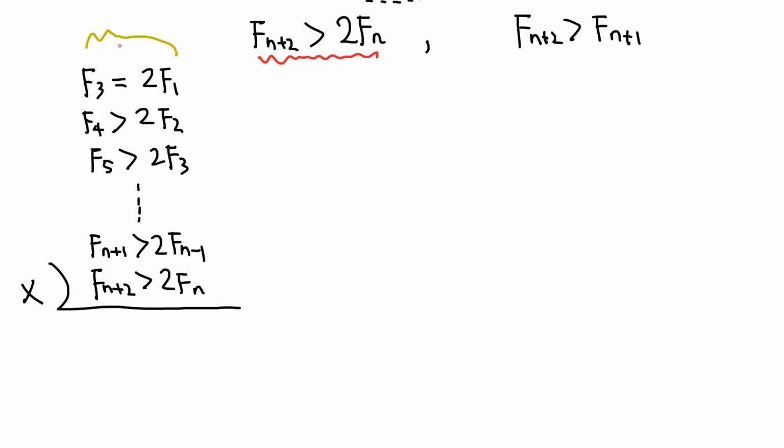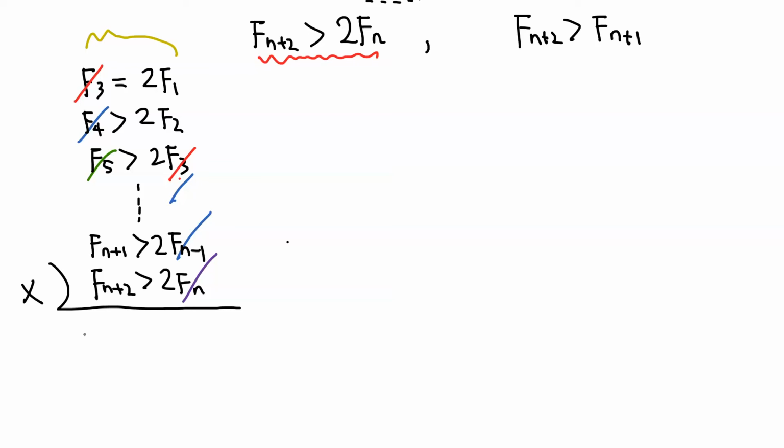And in the process of multiplication, there are terms cancelling out. So this F3 and this F3 will cancel out. Similarly, the F4 will cancel out with F4 right here, and so it goes on. And at the bottom, both Fn+1 and Fn will be cancelled out.